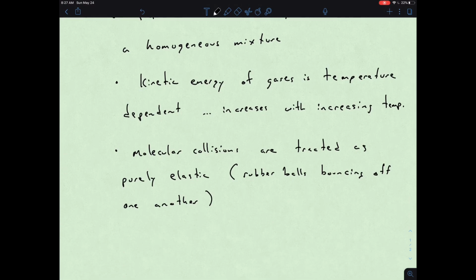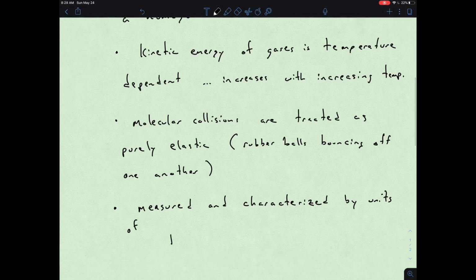Gases are measured, and you could say characterized, by units of pressure.